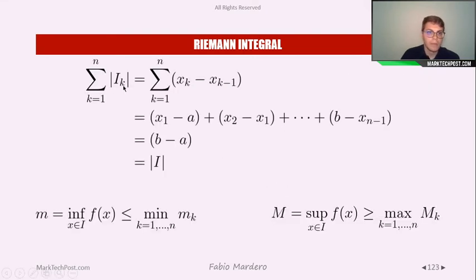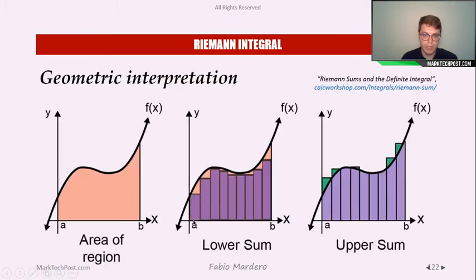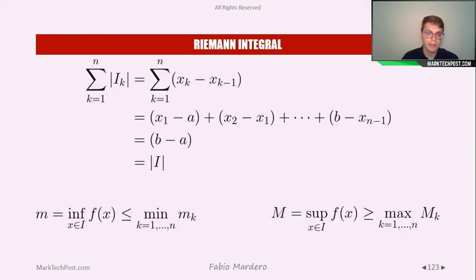Now remember that the sum of the lengths of the single partition elements is of course equal to the total length b minus a, because if we sum this plus this plus this and so on, the bases of all these rectangles, we get b minus a, whatever the number of bins of the histogram.